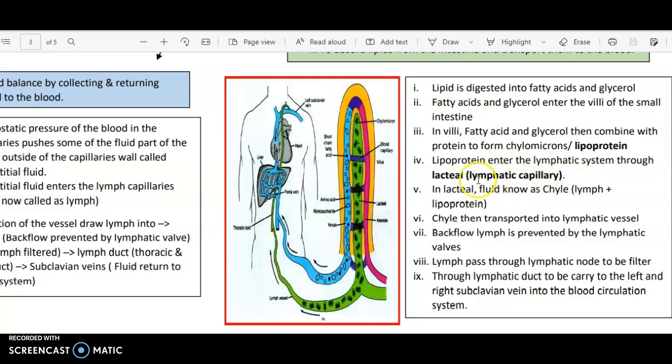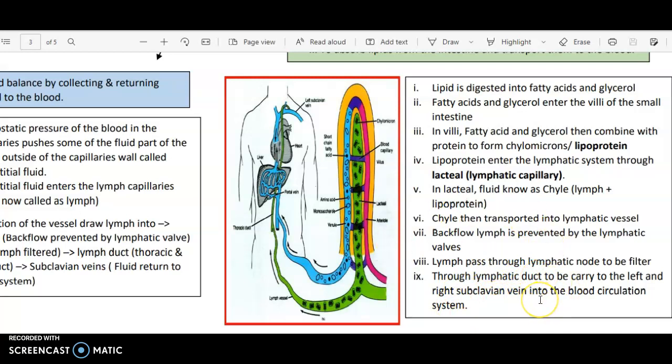So in the lymphatic capillary, this lipoprotein will mix with lymph. Now it is known as chyle. So this chyle will be transported to the lymphatic vessel. Then it will be filtered at the lymph node before it is carried to the subclavian vein by the lymphatic duct.